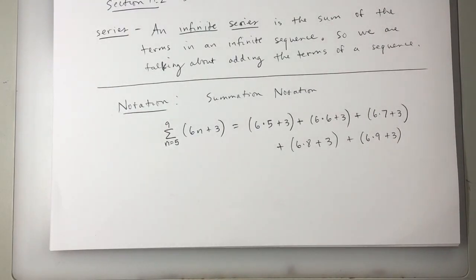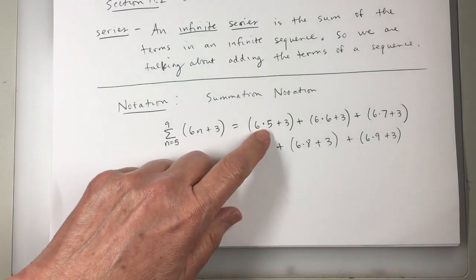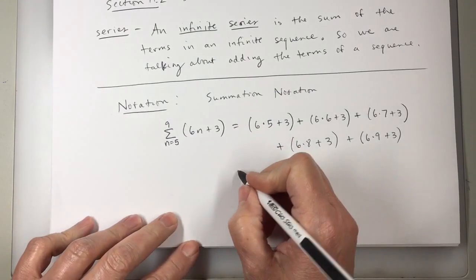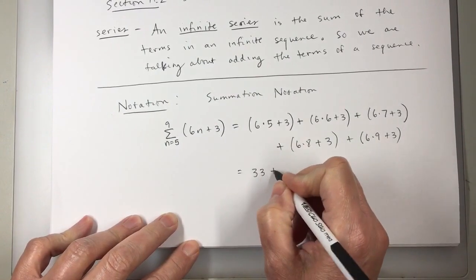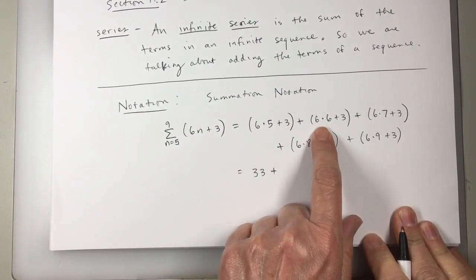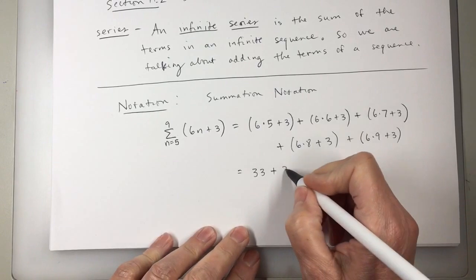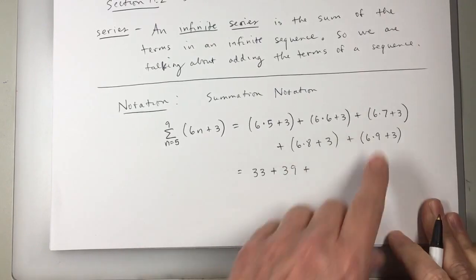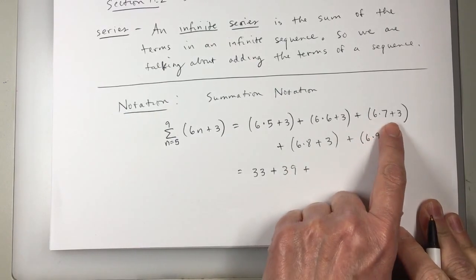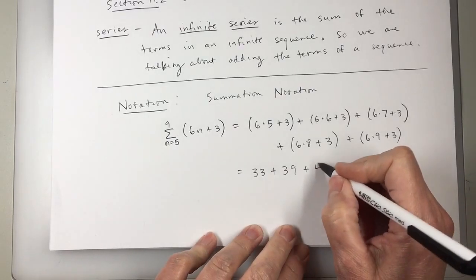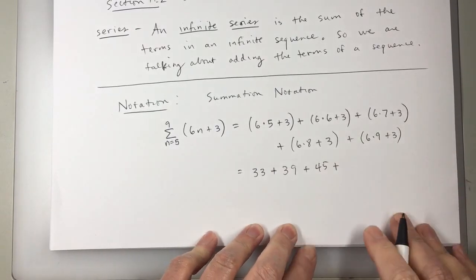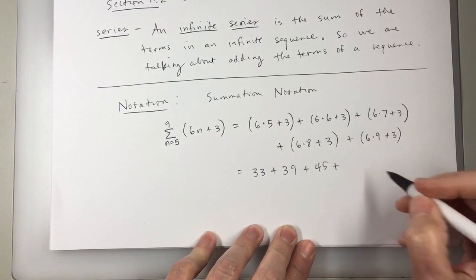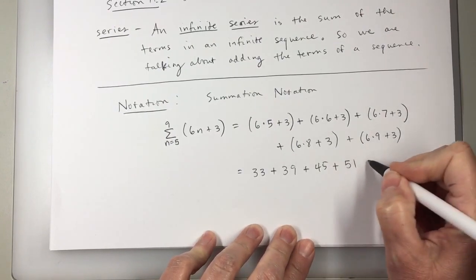And then we can work that out. So 6 times 5 plus 3, that's 30 plus 3, that's 33. 6 times 6, 36. 36 plus 3 is 39. 6 times 7 is 42. 42 plus 3 is 45. 6 times 8 plus 3 is 51.